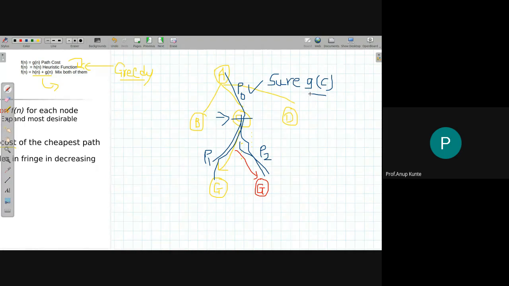What about the rest of the cost in the final solution? I may actually have two final solutions. That is, there may be two paths to reach the goal node. One path is P0 plus P1, and the other path is P0 plus P2. Okay, so if I represent the cost of these paths as C of P1 and C of P2, I know P0 is G of C already.